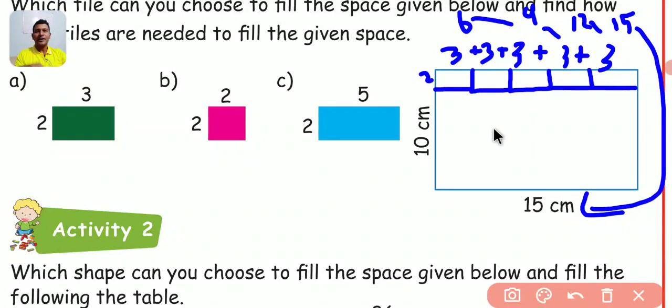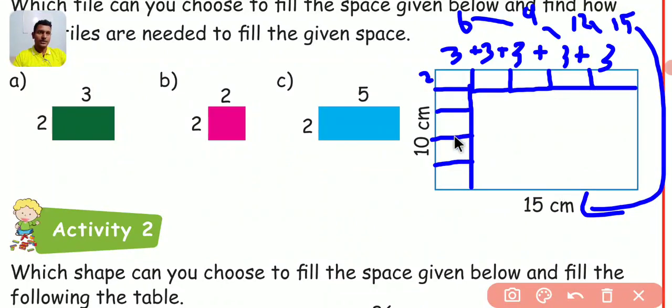And in the column, in that breadth, we have how many rectangles? In the breadth also we have 5 rectangles. We have seen that one. So I just take 5 rectangles, 1, 2, 3, 4, 5.